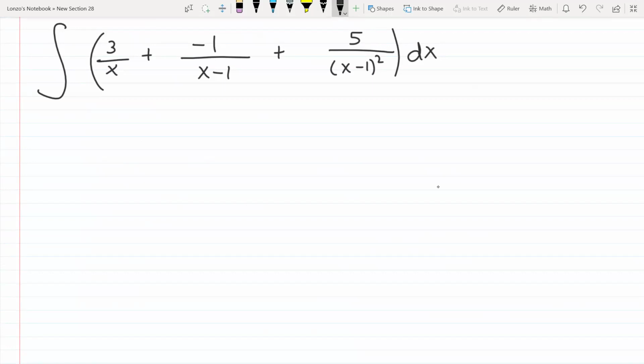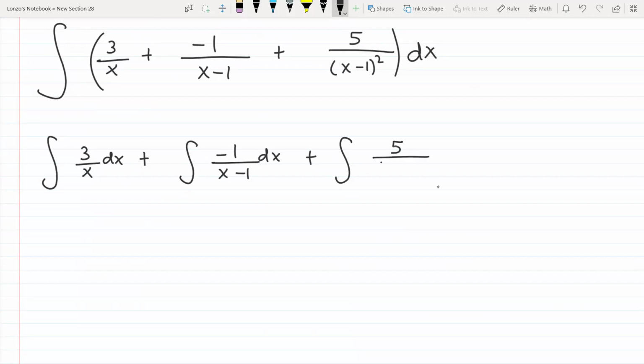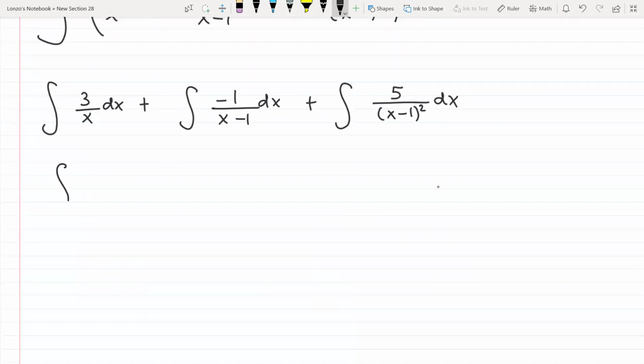We can write it out as 3 separate integrals. Okay, so over here you could take out a 3. So this is 1 over x dx. And then the integration of 1 over x is ln of x.